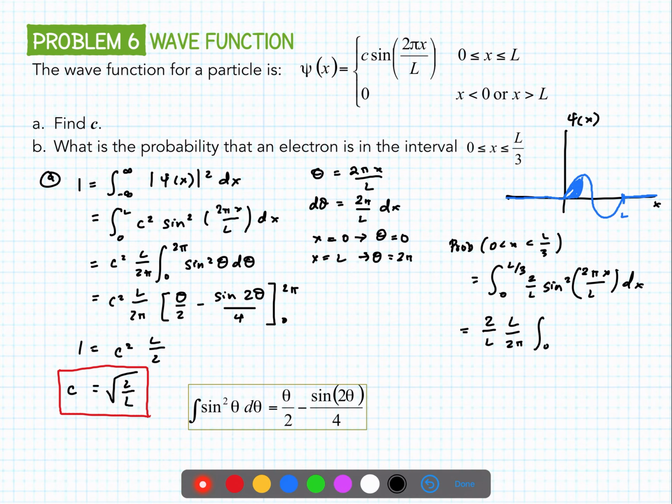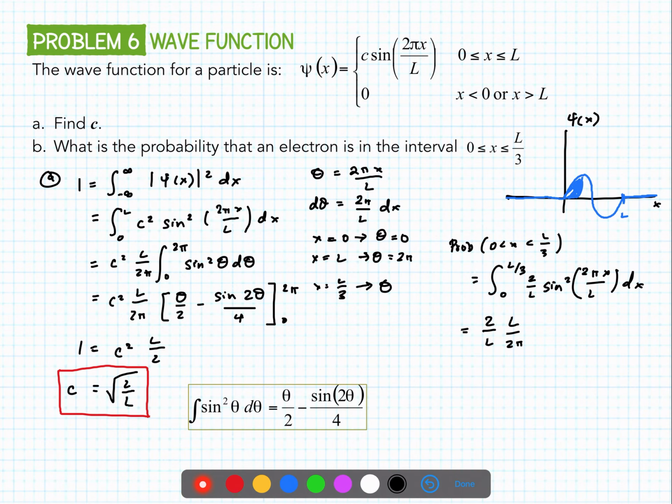from 0 to 2 pi. Well, in this case, the only thing that's different is it's not 2 pi. So when you do the u substitution, x equals L over 3 becomes theta.